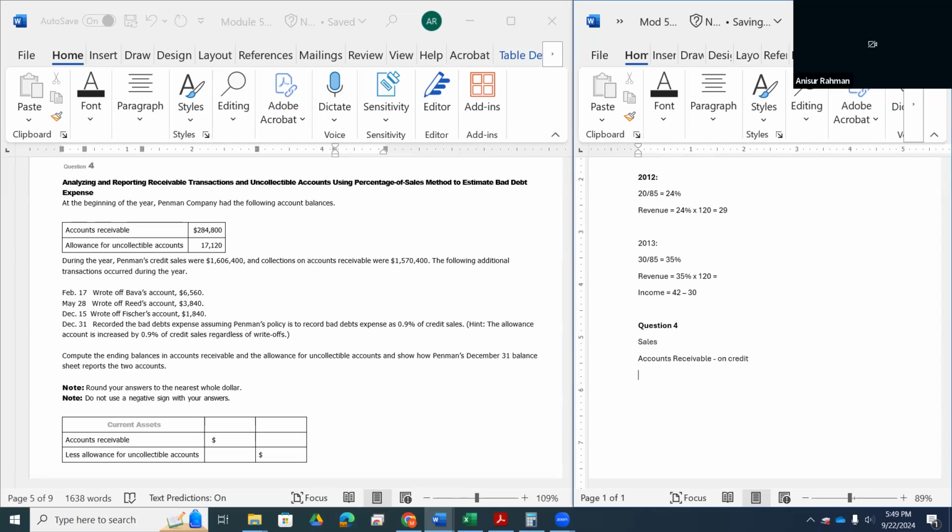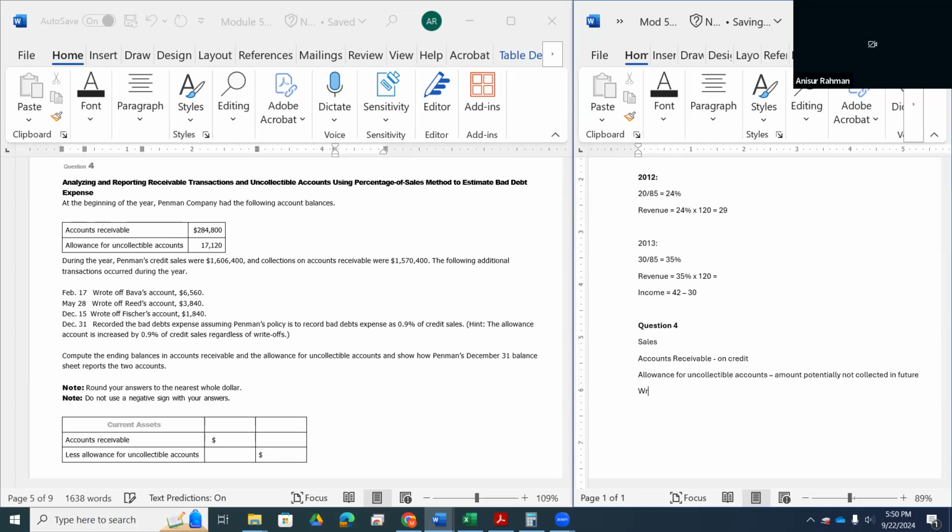And a company decides how much it thinks it will not be able to collect from its customers. So that is where your allowance for uncollectible accounts comes in. It is the amount potentially not collected in future.